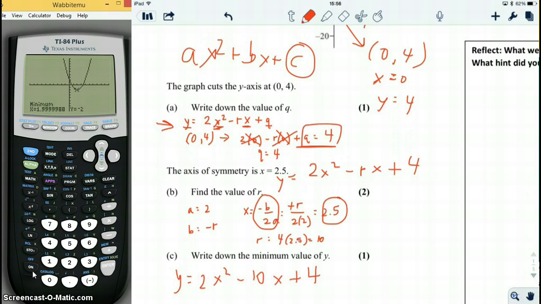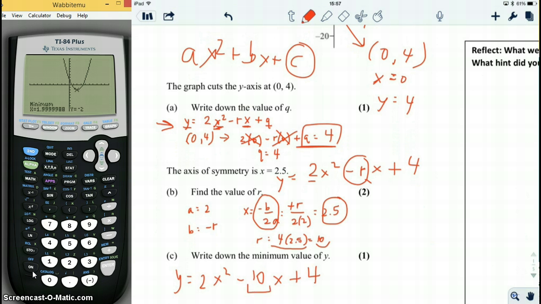Negative b is actually equal to positive r. So you could put positive r there and divide by 2a, and a is 2. So we have r over 4 equals 2.5. So we multiply 4 times both sides, and we get r equals 4 times 2.5, which equals 10. So now we have a value for r, which is 10.